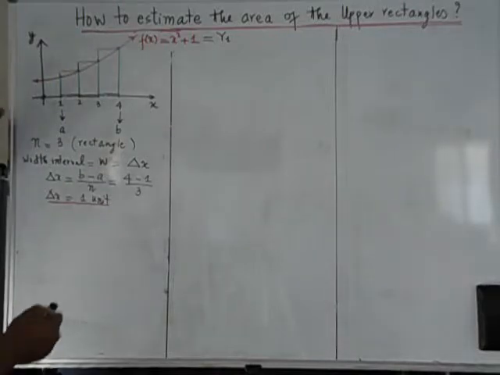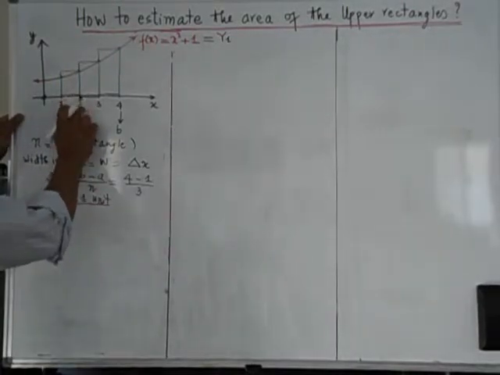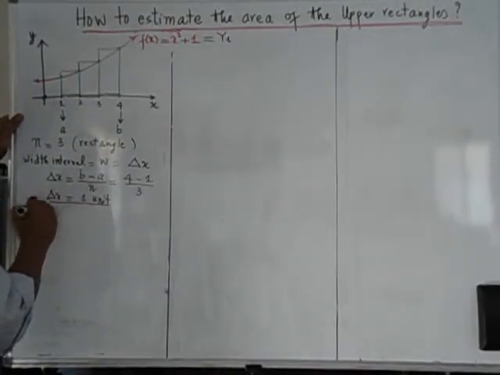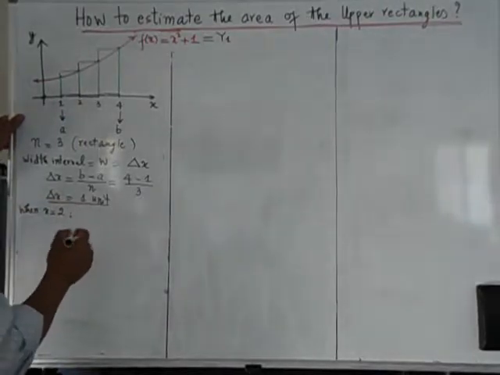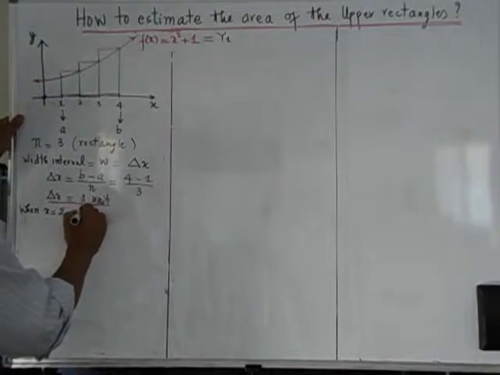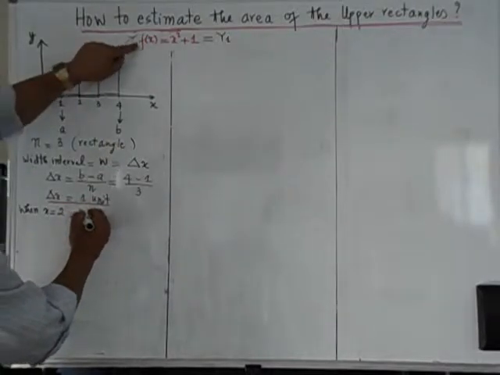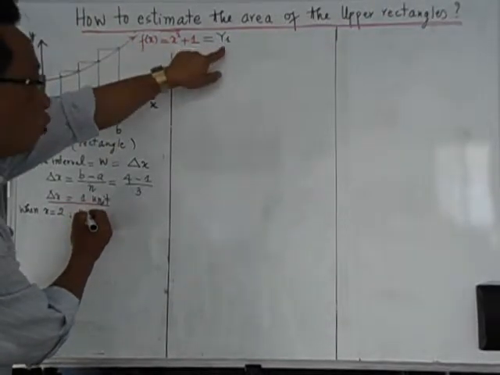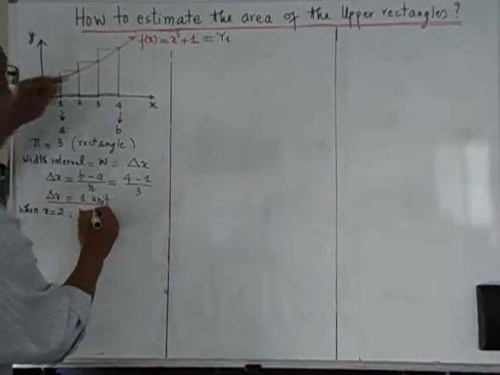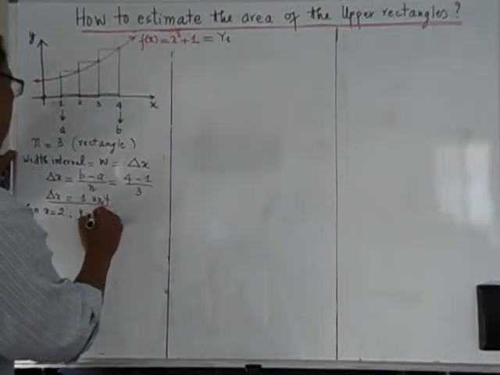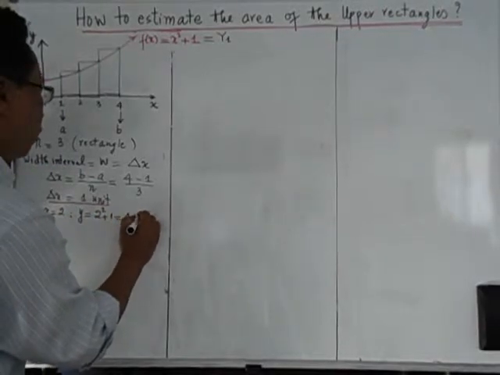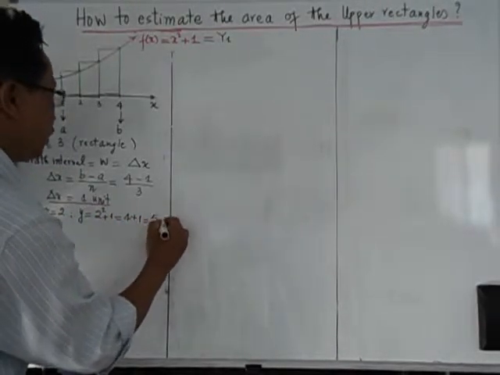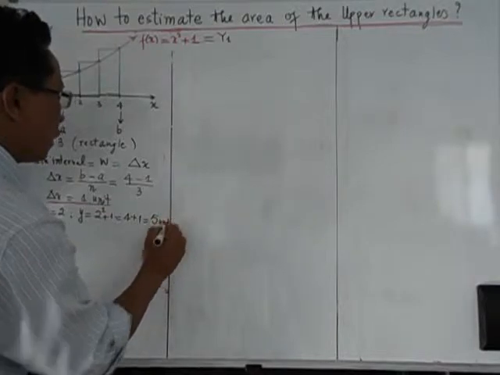Now when x equals 2, then in the main function y1, y equals 2 power 2 plus 1, 4 plus 1 equals 5 units in length.